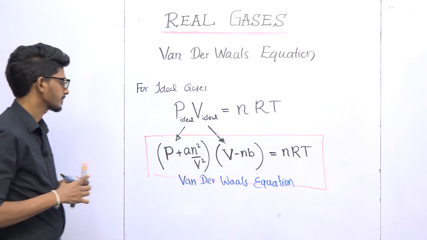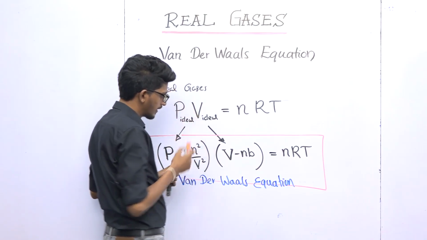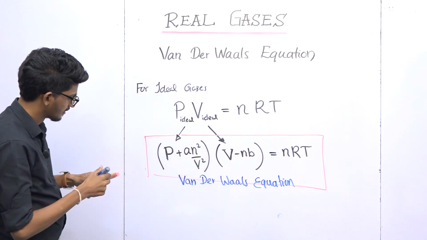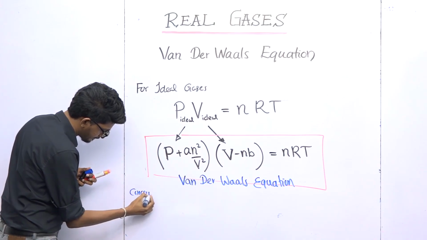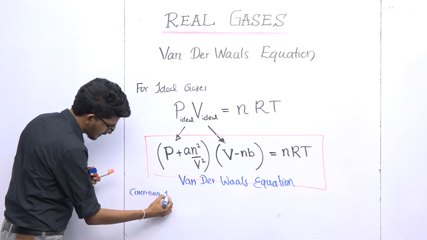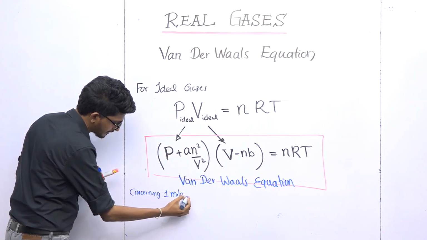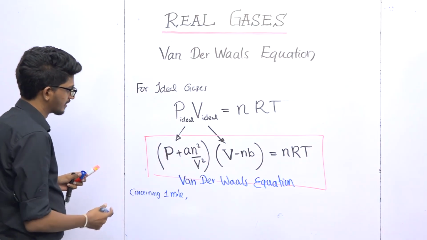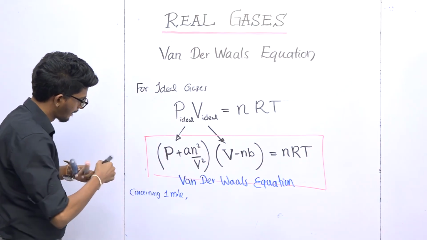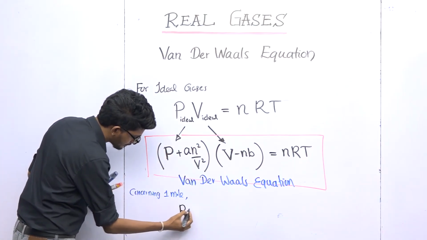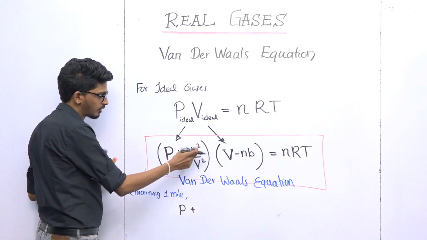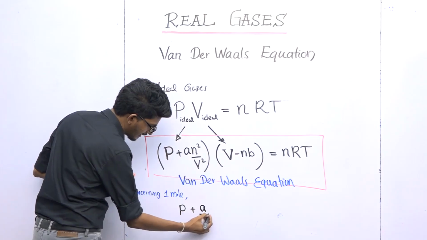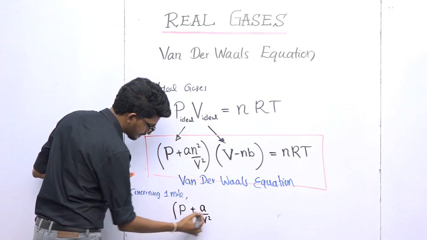Right. So concerning 1 mole of molecules, you can simplify the Van der Waals equation like this: P plus, per 1 mole, that means n is equal to 1, 1 squared is just 1, so a over V squared.